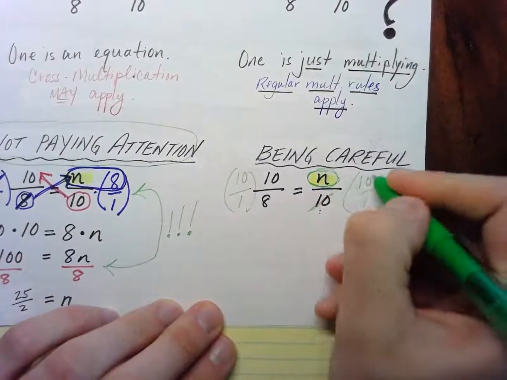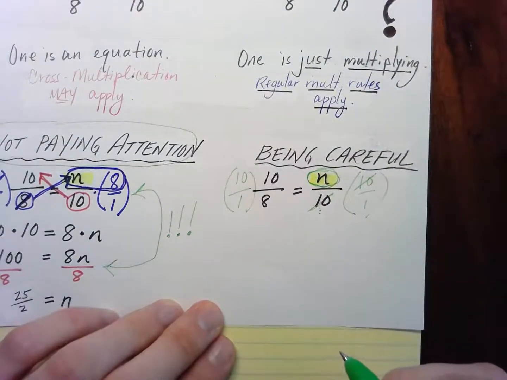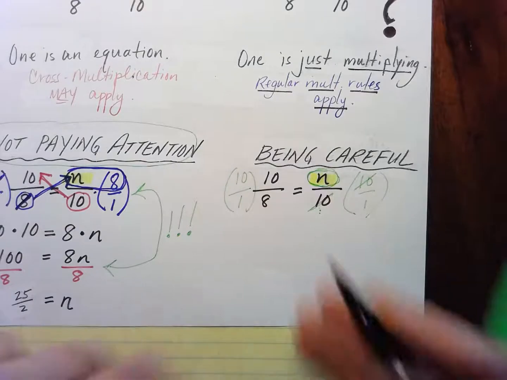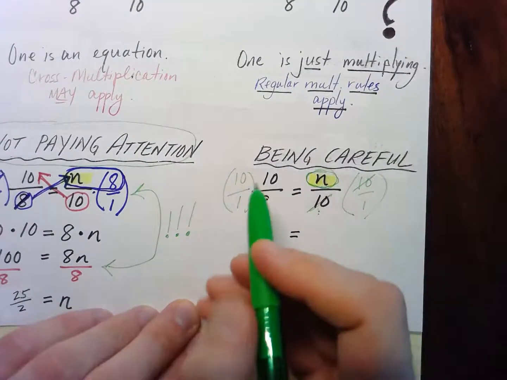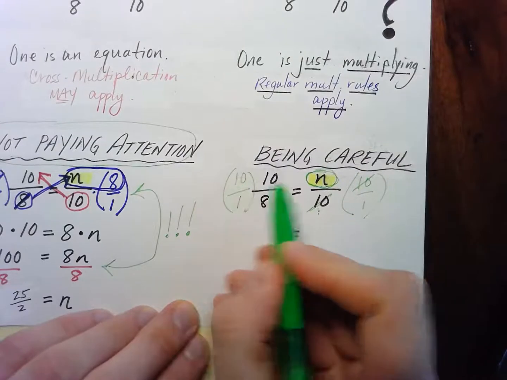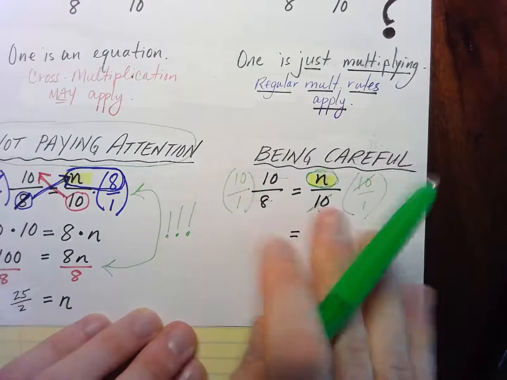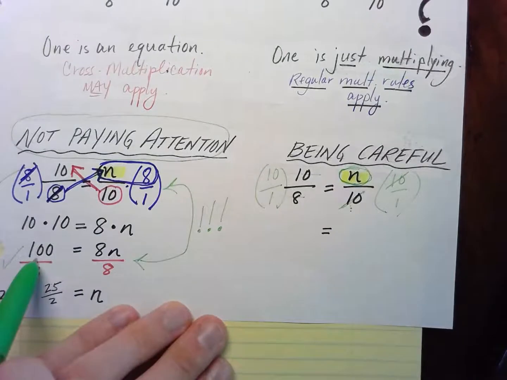And so these would cancel. And then on the left, I can even multiply across the top and get the 100 over 8 that we had over here.